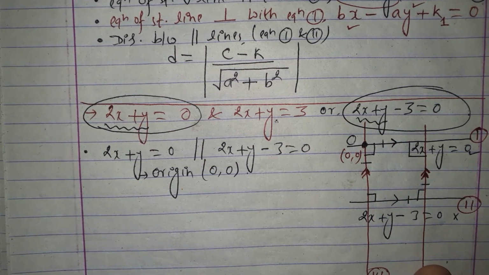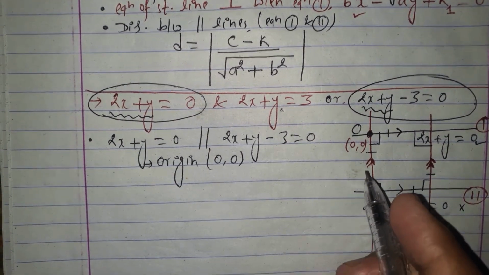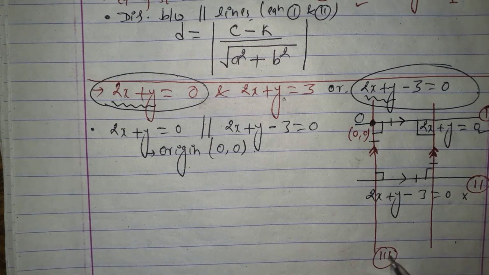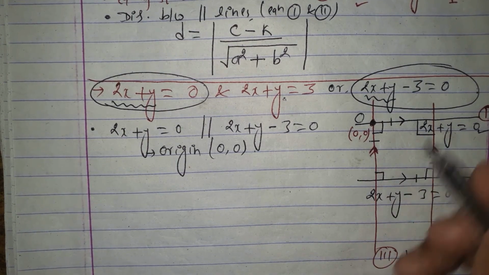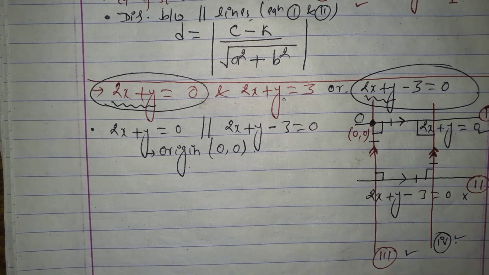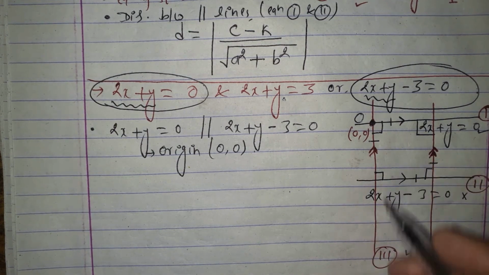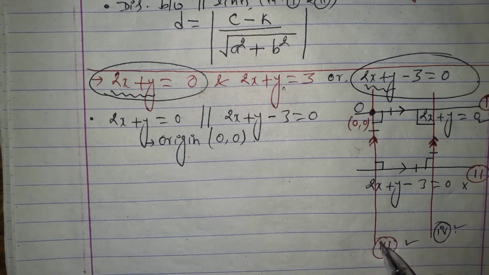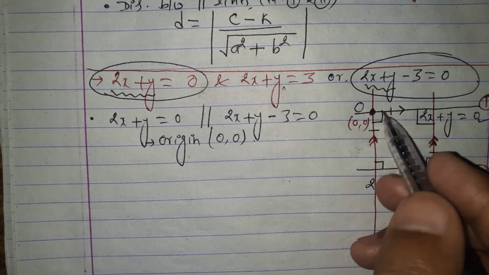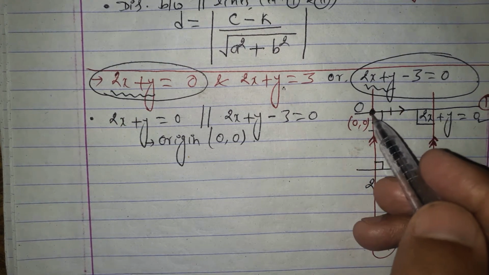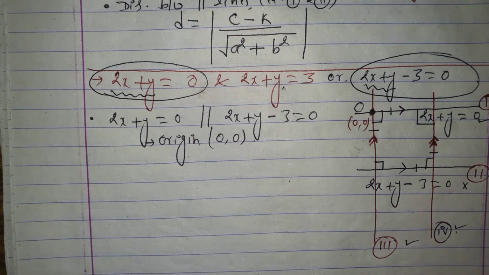And we are going to evaluate the equations of the remaining sides, the equations of the third side and the fourth side, these two parallel sides. Here the third side is perpendicular to both the first and second.